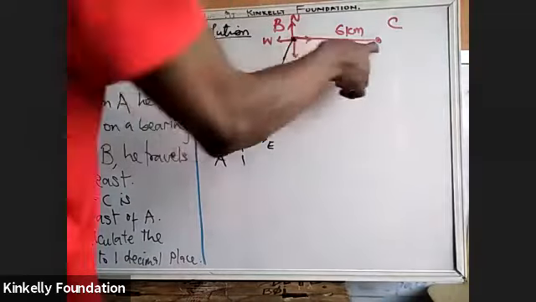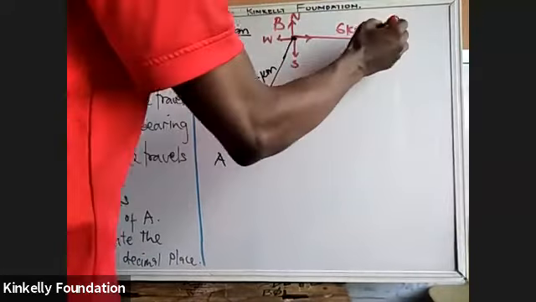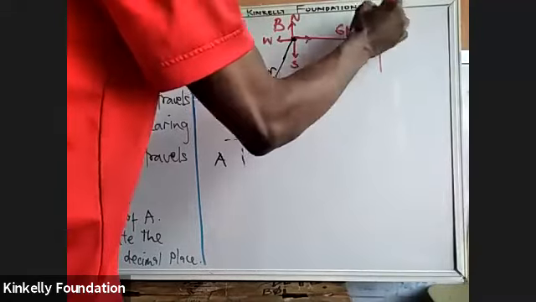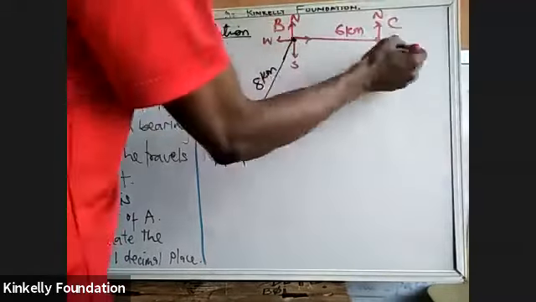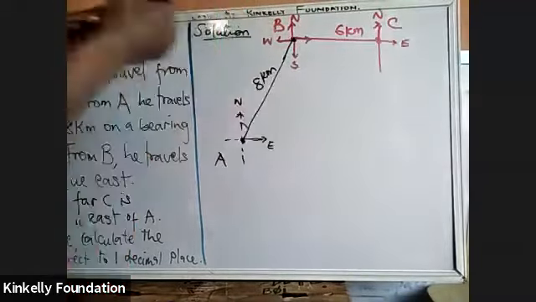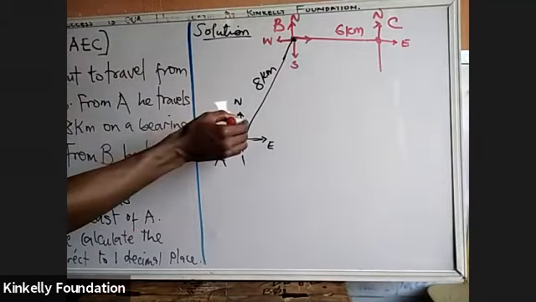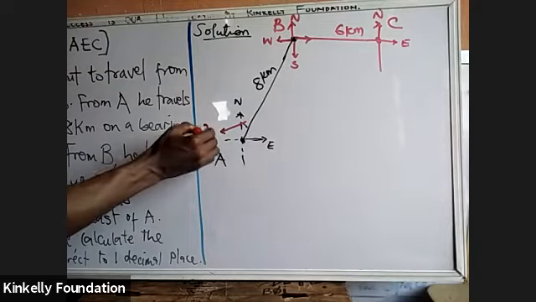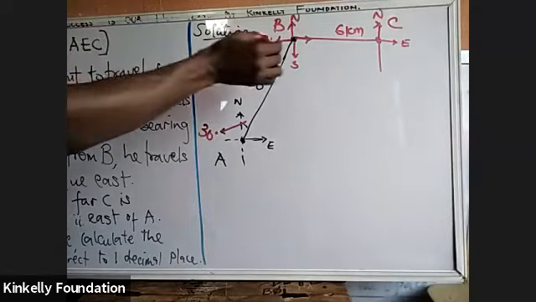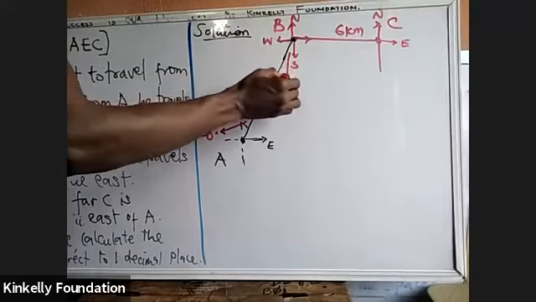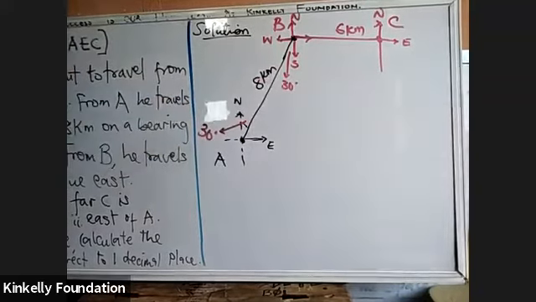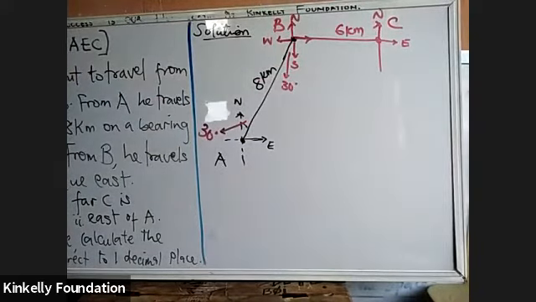Now, this is where the man stopped. And let's put our cardinal points for this man. The north, this is the east of this man. So, here is 30 degrees. Remember that this angle here is also 30 degrees. They are alternate angles.